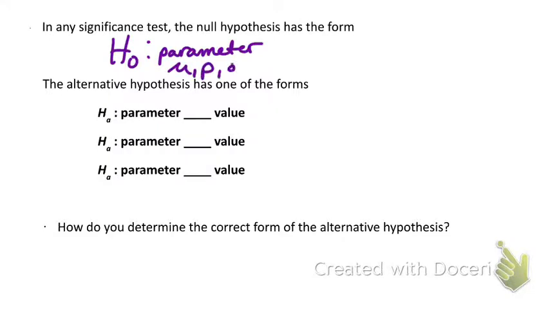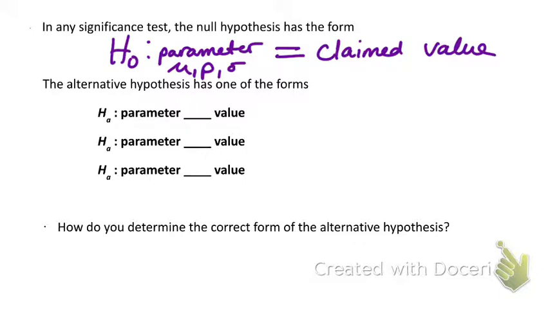Mu, P, sigma, those are your parameters. It's going to be one of those. It depends on what the problem's about. Is it about means? Is it about proportions? Standard deviations? Your null hypothesis is always going to have an equal sign every time. Every single time your null hypothesis is going to have an equal to sign. And it is going to equal the claimed value, whatever that claimed value may be.